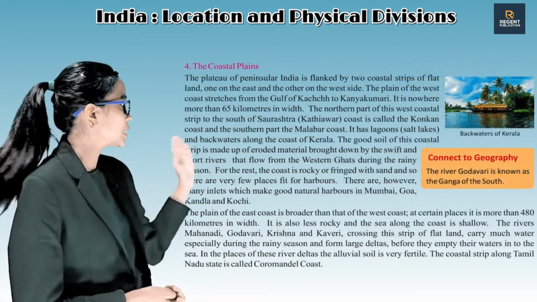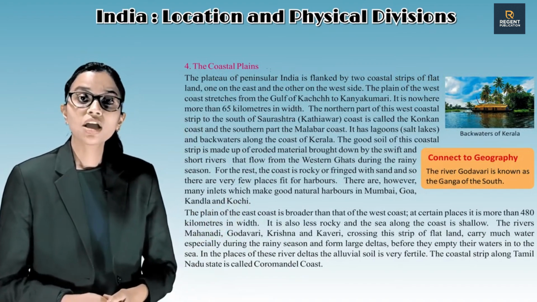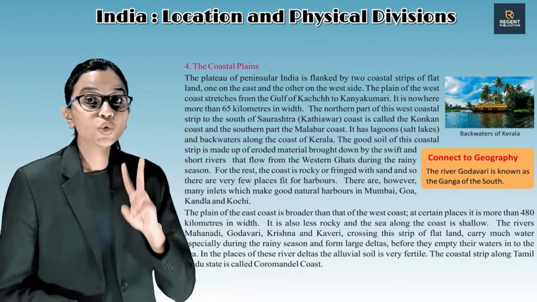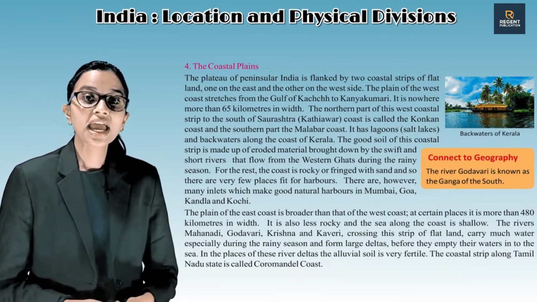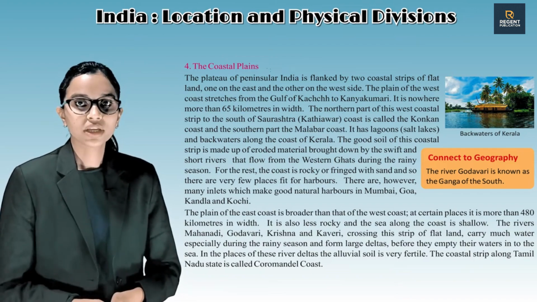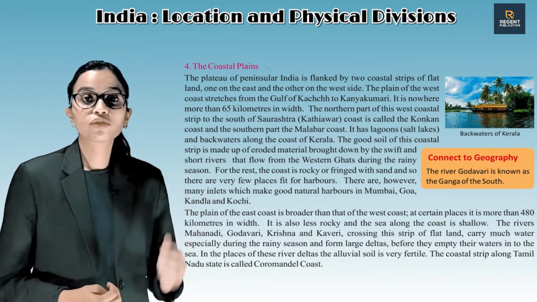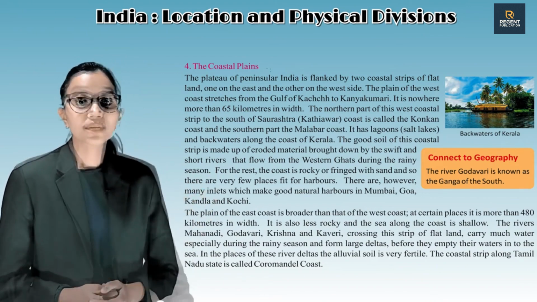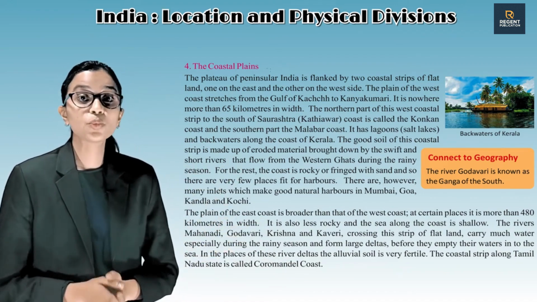Fourth one, the coastal plains. The plateau of peninsular India is flanked by two coastal strips of flat land, one on the east and the other on the west side. The plain of the west coast stretches from the Gulf of Kutch to Kanyakumari. It is nowhere more than 65 kilometers in width.